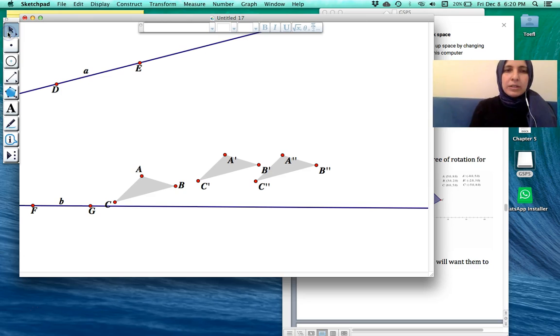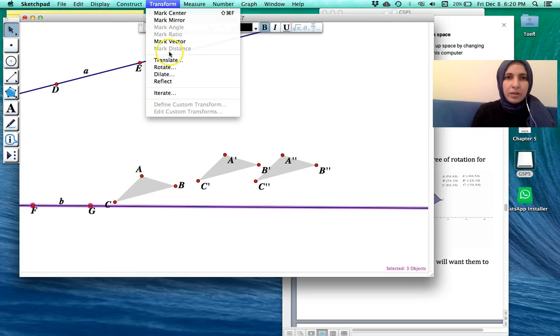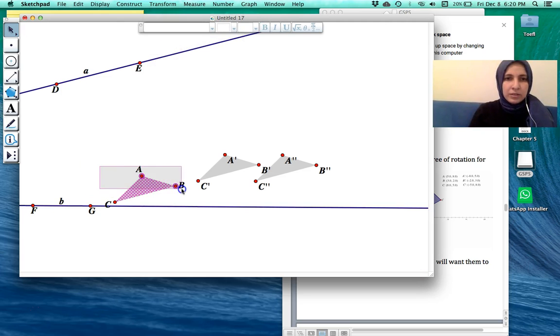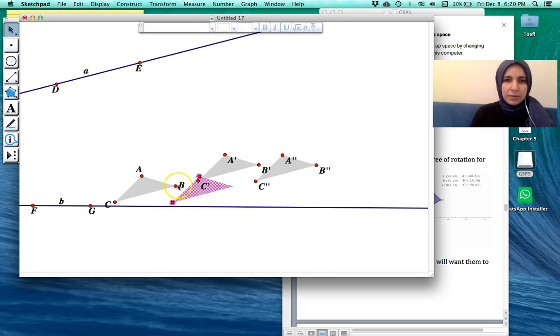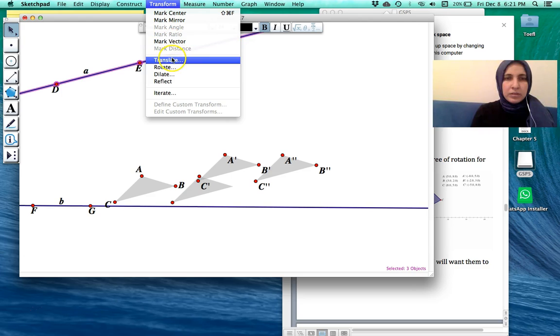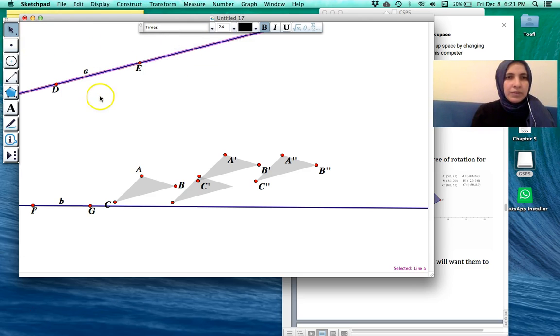I'm going to do the other way. For example, let's pick this one as a vector first, and then translate it. Yes, I got this one, and then I'm going to pick this line as a vector, and then what I got is not this one.